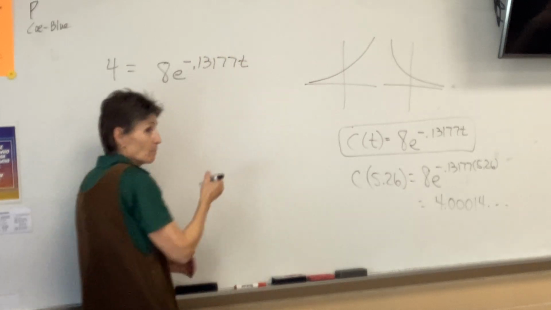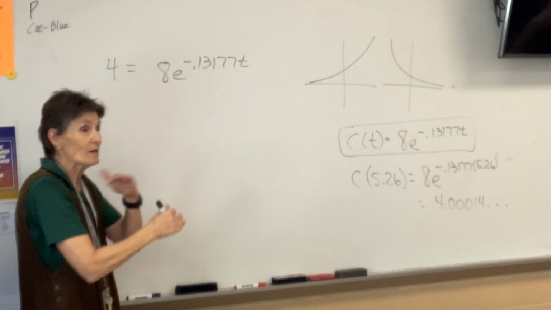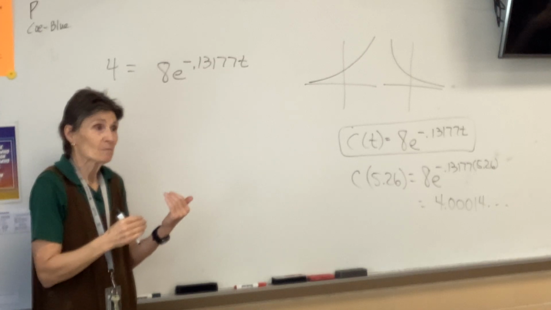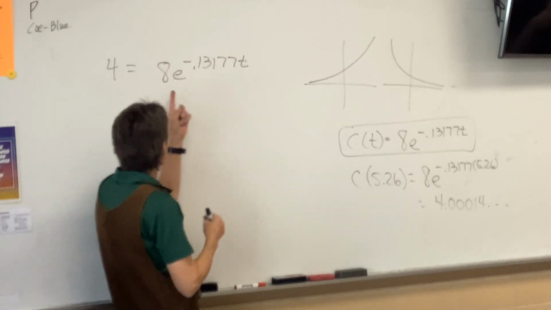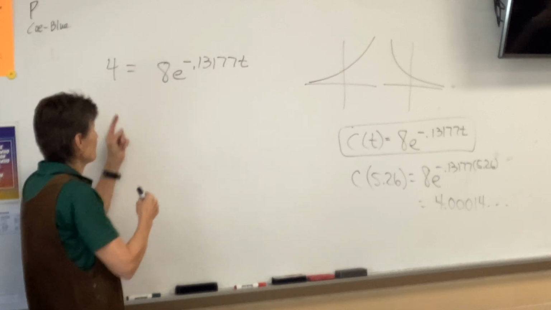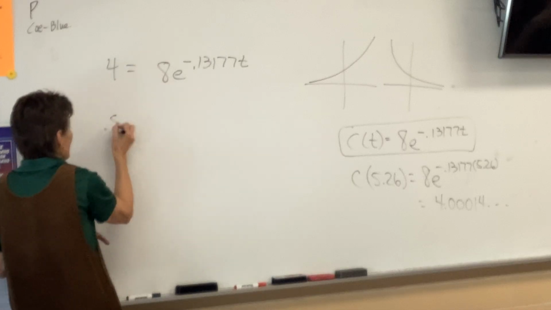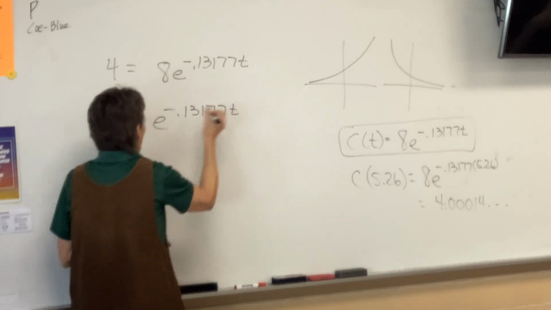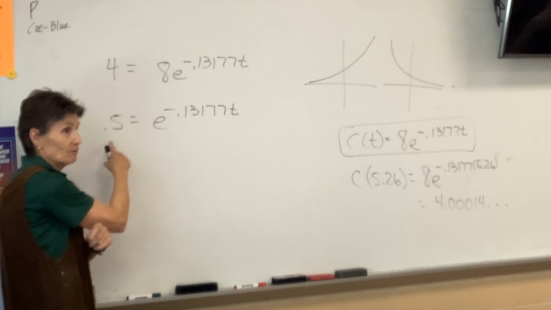Do you understand what Patrick's saying? We don't know the half-life. We're trying to find it. So he says, okay, the half-life would get me from 8 down to 4. And in fact, when I divide both sides by 8, I'm going to get that 0.5. That's my half-life right there.